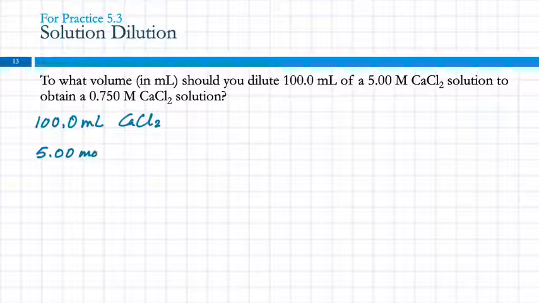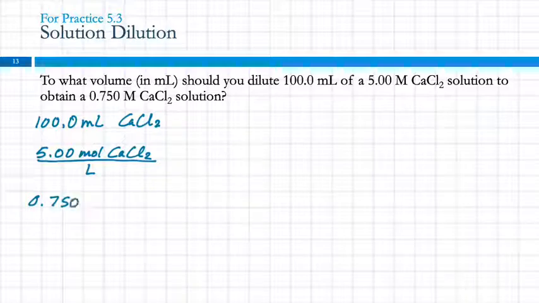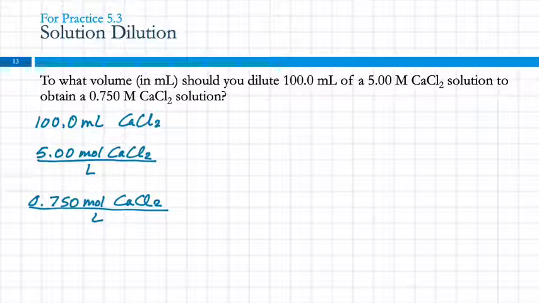That's 5.00 moles of calcium chloride per liter of solution. And then it gives me another molarity, 0.750 moles of calcium chloride per liter of solution. I took the capital M's and wrote them as moles per liter because it's more useful.